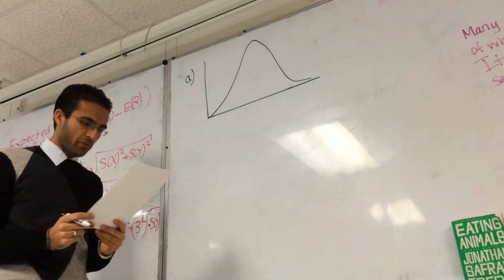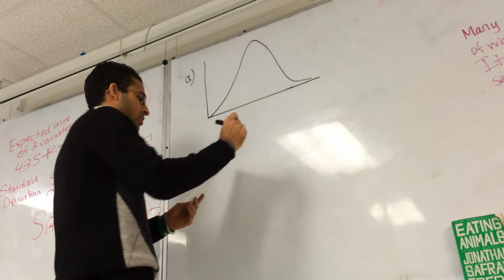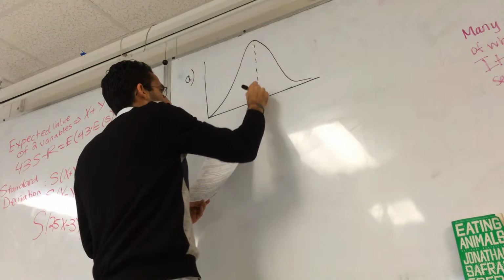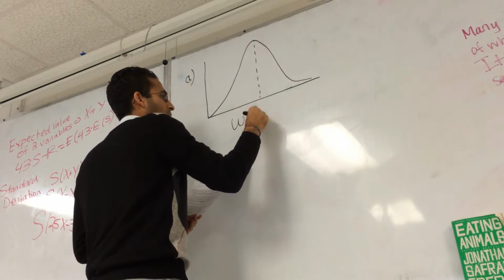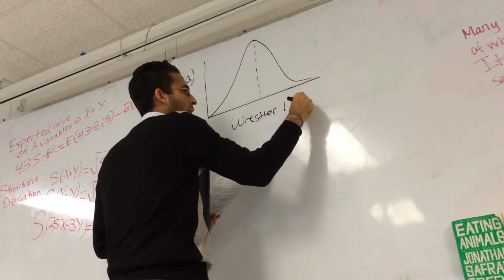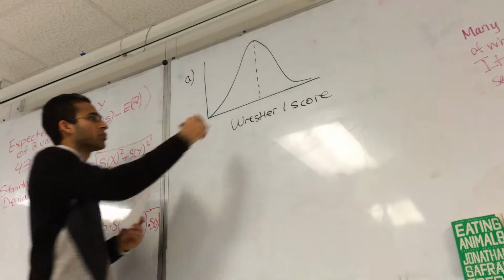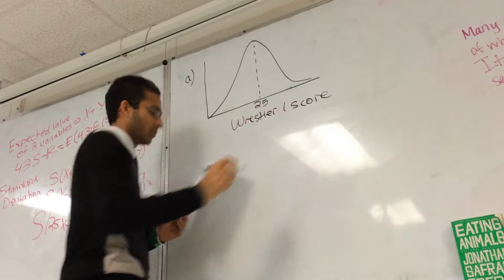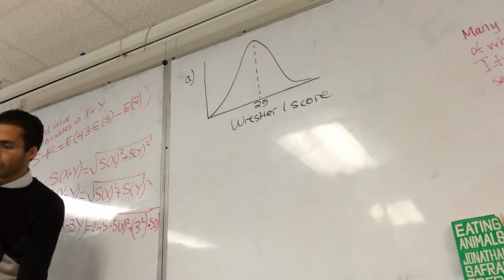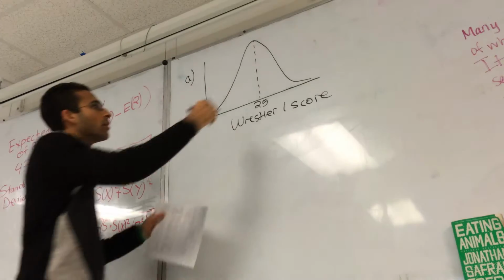Then what are they asking me? Well, this is wrestler 1's score, and this is 25. And they want to know what is the probability he can beat his best score.